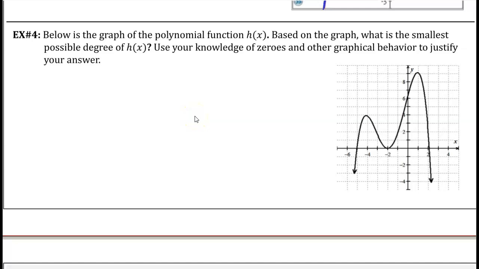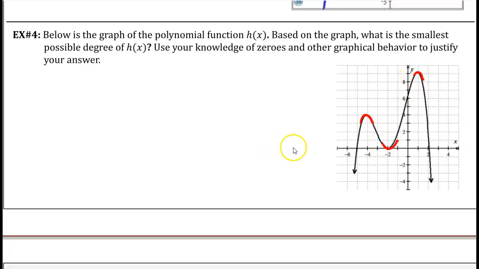All right, below is the graph of the polynomial h of x. Based on the graph, what is the smallest possible degree of h of x? Use your knowledge of zeros and other graphical behavior to justify your answer. All right, so we know about multiplicity, and we also know about turns. So we can look at this several different ways. We have 1 turn, 2 turns, and 3 turns.